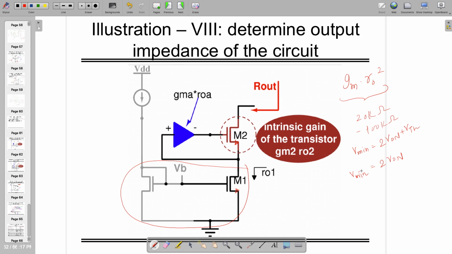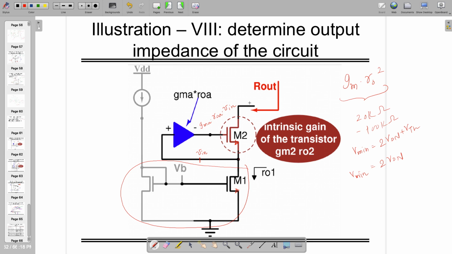So in that case, not only is one transistor, M2, connected on top of M1 in the cascode connection, but I am taking this gate input via an amplifier whose gain is gmA times roA. So if this is some Vin at the gate, this is gmA times roA times Vin.